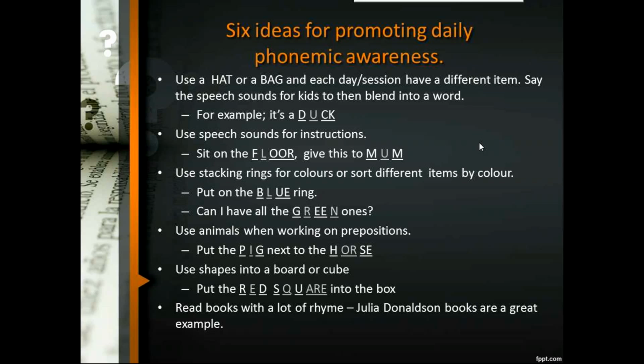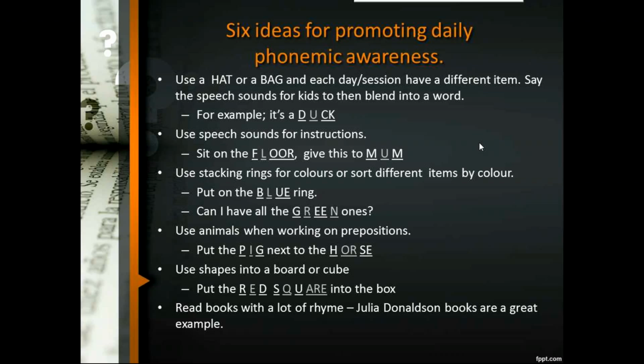Using animals, for example, if you're working on prepositions, behind, next to, under, over, and you know that the kids understand what a pig is, what a horse is, you know, what a cup is, and you can start segmenting those words. Put the pig next to the horse. So when you segment those, they can put it back together.